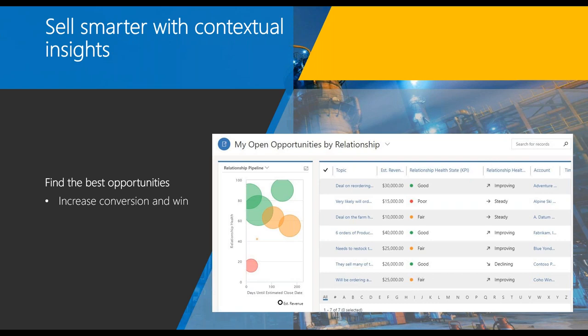Okay, sell smarter with contextual insights. This will increase conversion and win rates by using machine learning to prioritize leads and opportunities with the highest likelihood to convert and buy. So as you can see here, we have relationship health state: good, poor, and fair, and then where their health state is going.